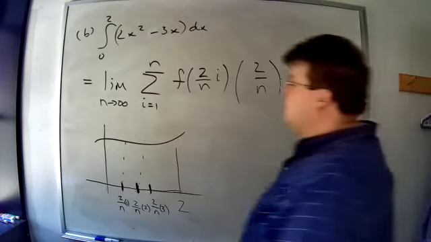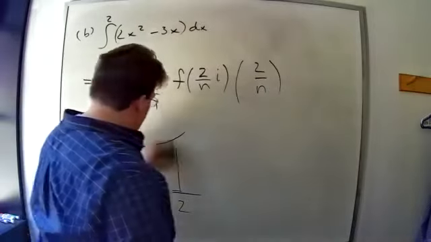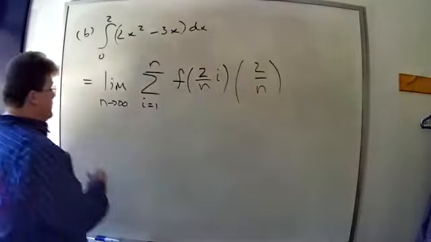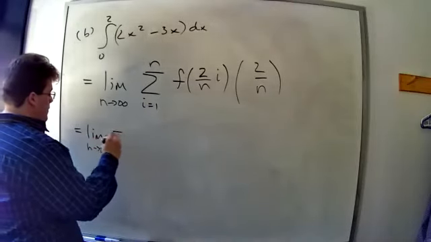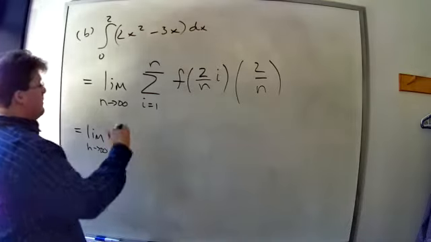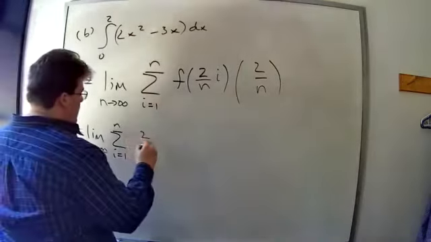Okay, so now we need to evaluate this. Well, how do we do that? Well, let's see. Equals the limit, the sum, and I'm going to write that first 2 over n out in front.